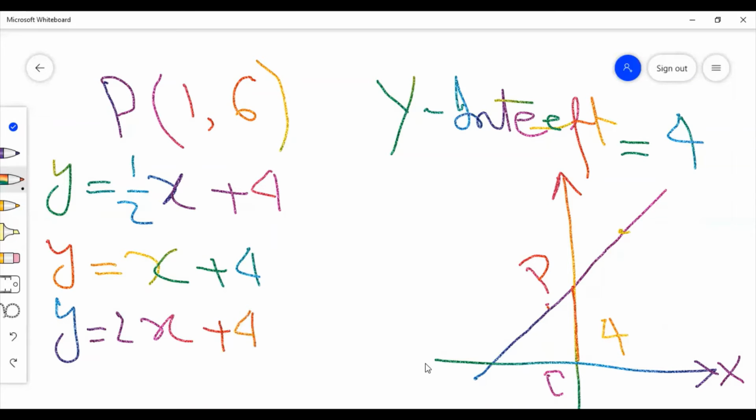The last choice is y is equal to 4x plus 2. So as a hint, you must keep this equation in your mind.